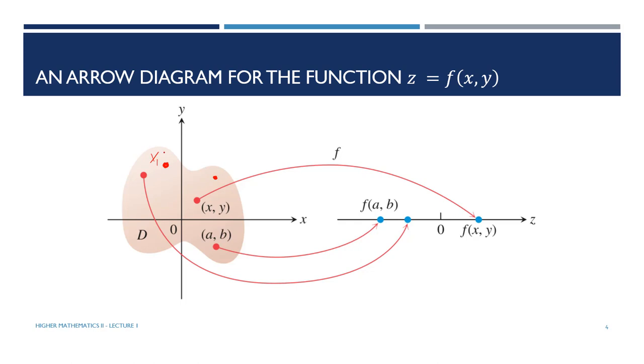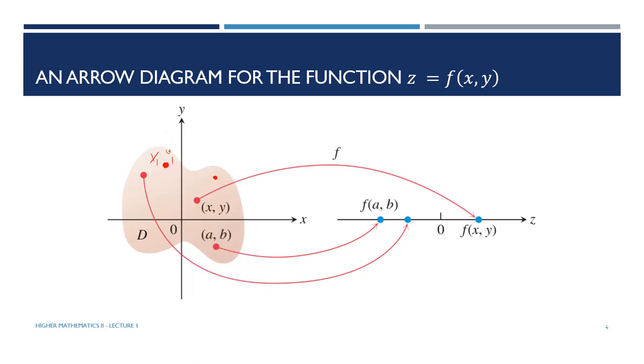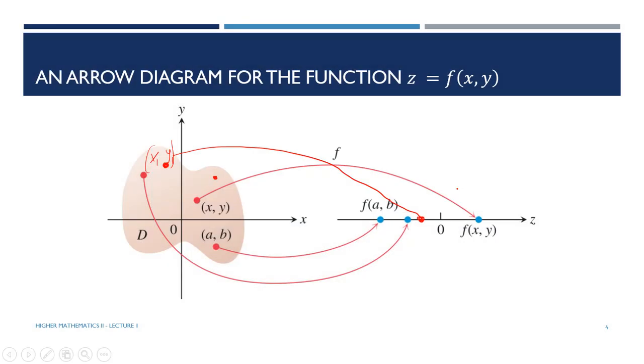If I say this is x1 and y1, it will be somewhere here, and there will be f of x1, y1.